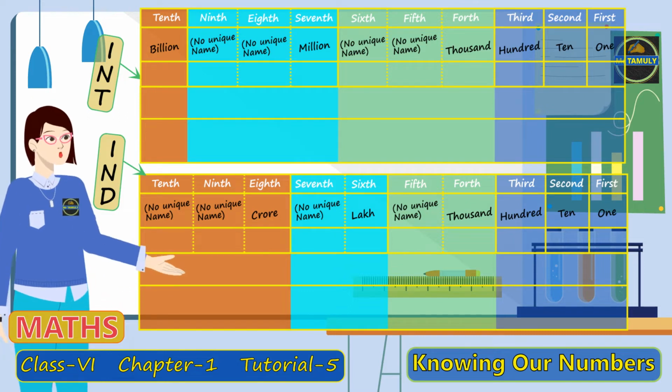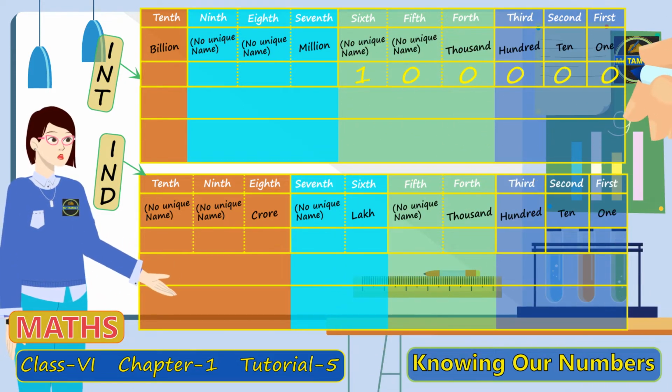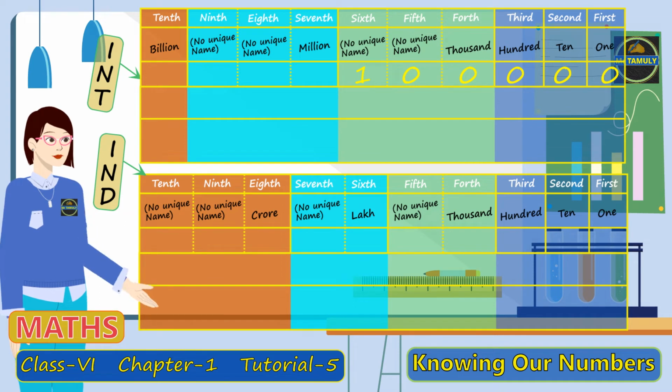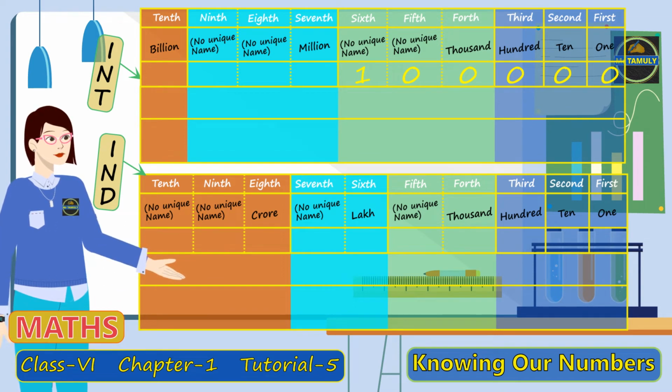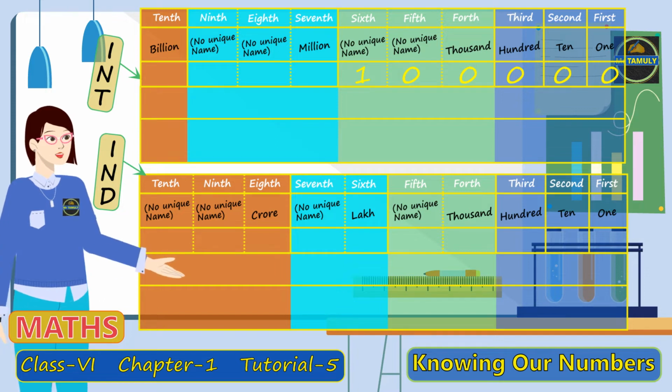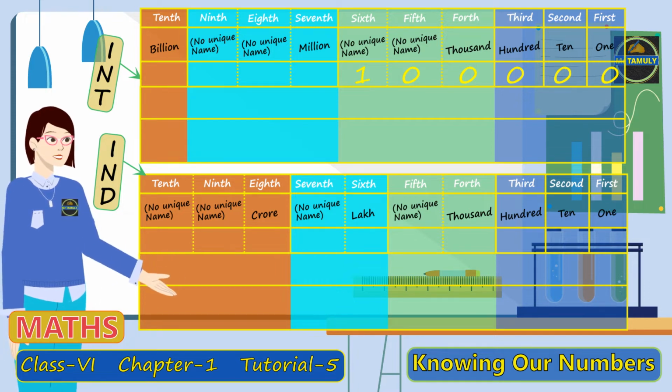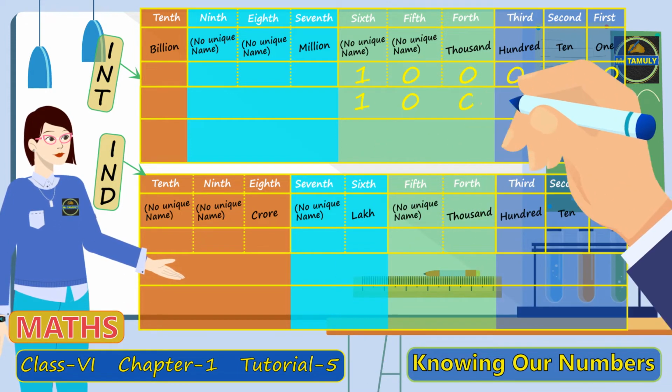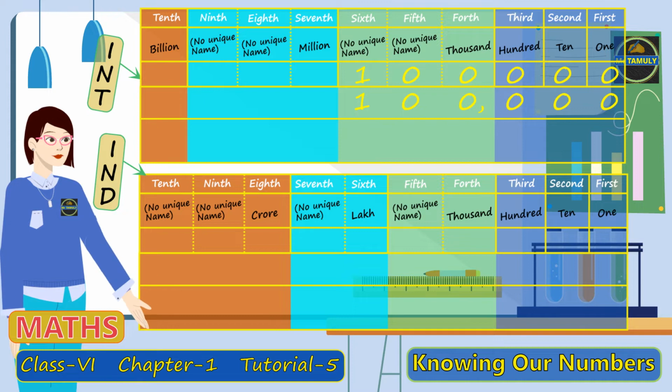First let's take the 6-digit number, 100000. In order to separate the combined positions, we use commas. Therefore, using commas, we shall rewrite our 6-digit number as 100,000.